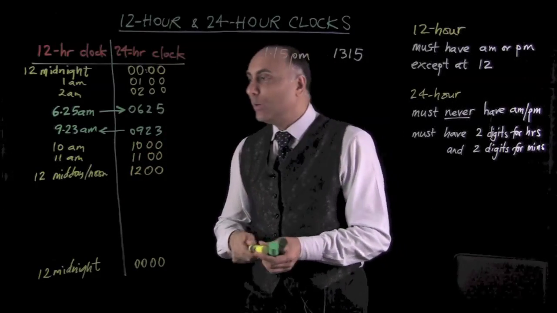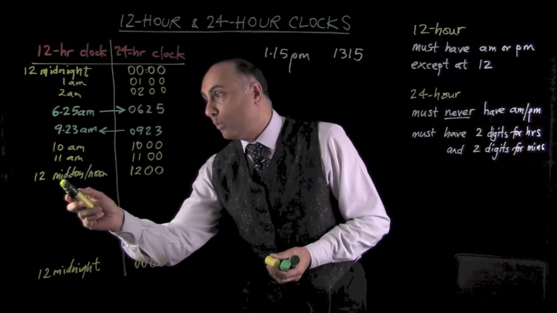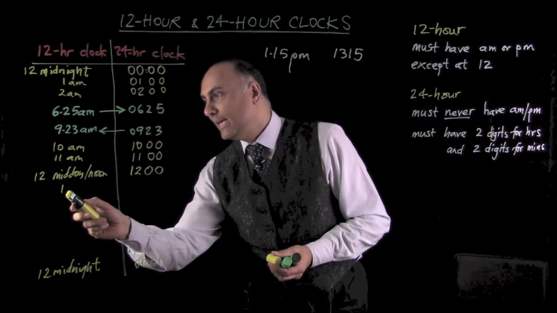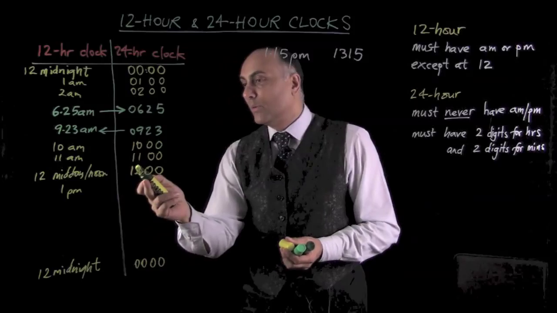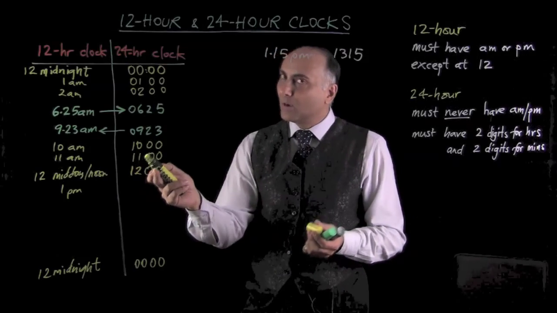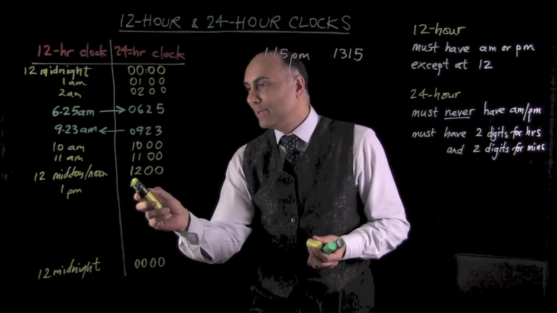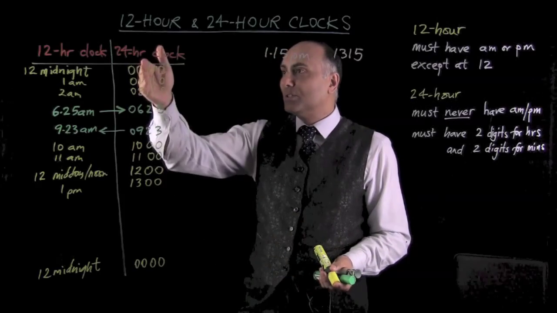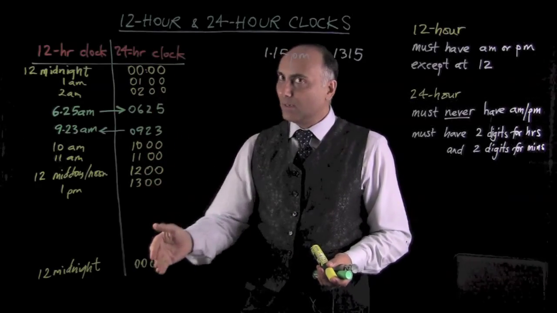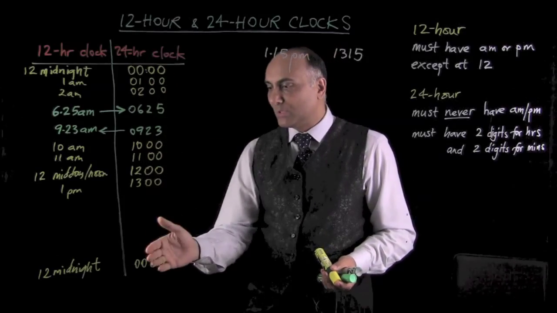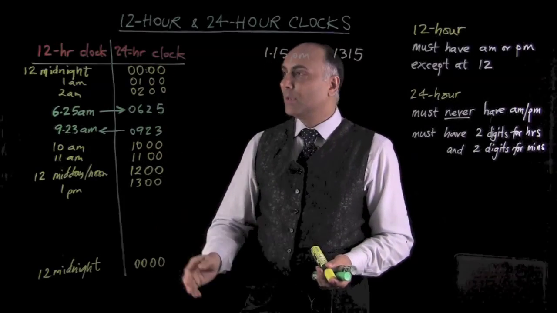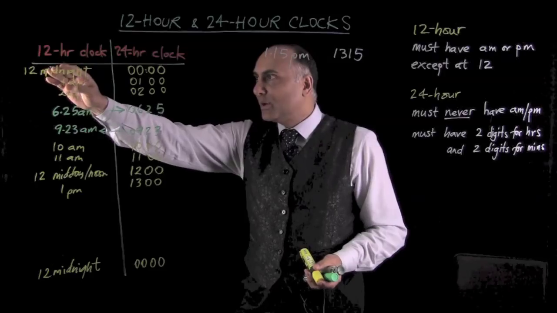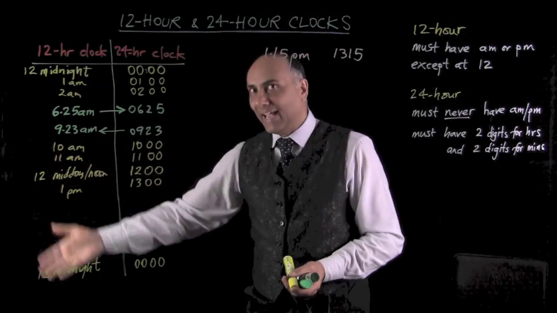1 hour later, what happens? Well, it's now 1 in the afternoon, which is 1 p.m. Whereas here, 1 in the afternoon will simply be 1300. So in other words, the hours just keep increasing by 1 every hour until you come to the end of the day. It's called the 12-hour clock because we only go up to 12 and then start again.